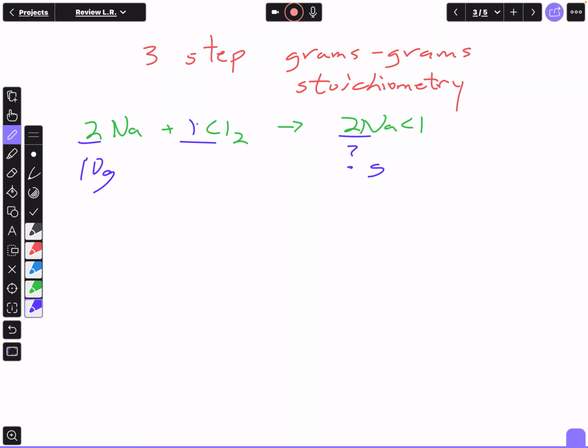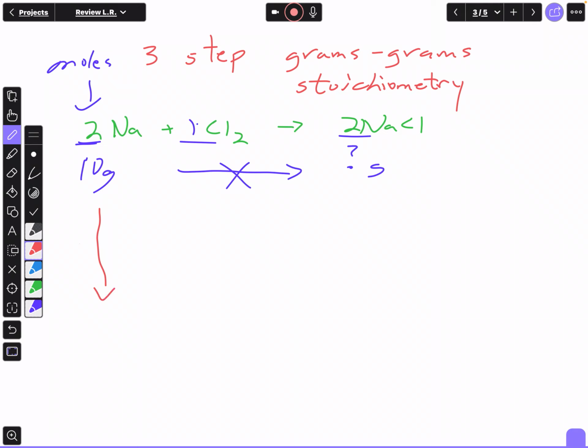I cannot, in one step, go from grams of sodium to grams of NaCl. To go from grams of sodium to grams of NaCl, I've got to use these coefficients, and they are in moles. So I have to be in moles to begin with. So there's no way I can go directly in one step from here to there. I can't do it. I have to take a detour.